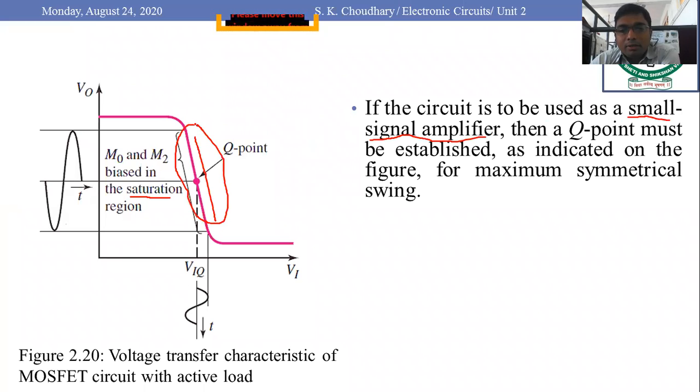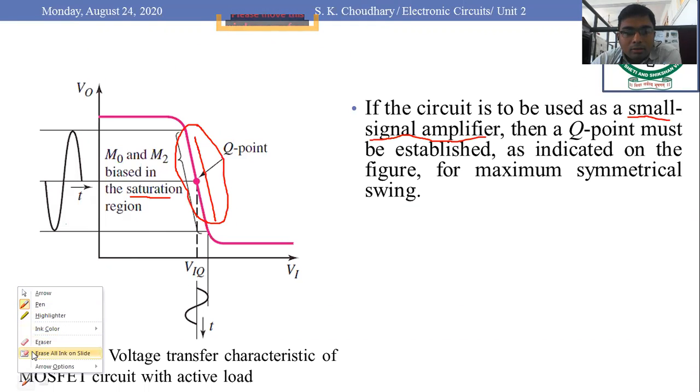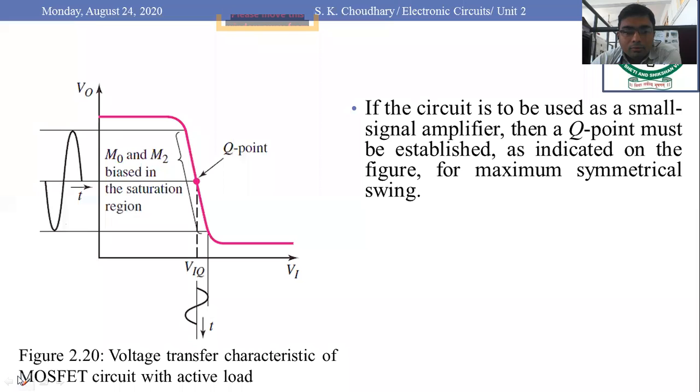Obviously, in the amplifier output characteristics we can indicate a Q point. So here we establish a Q point, and this is the boundary of this saturation region from this point to this point. In the middle of this region, we establish a Q point.